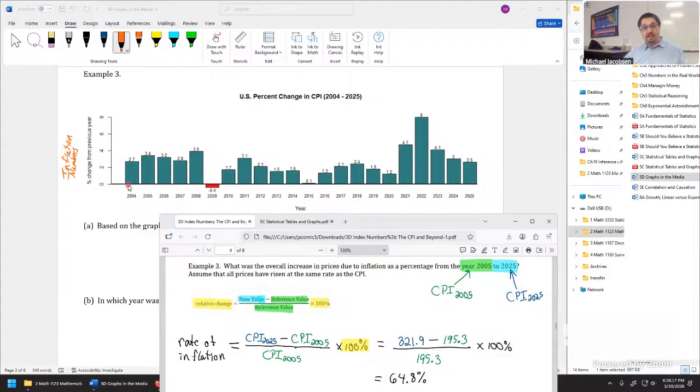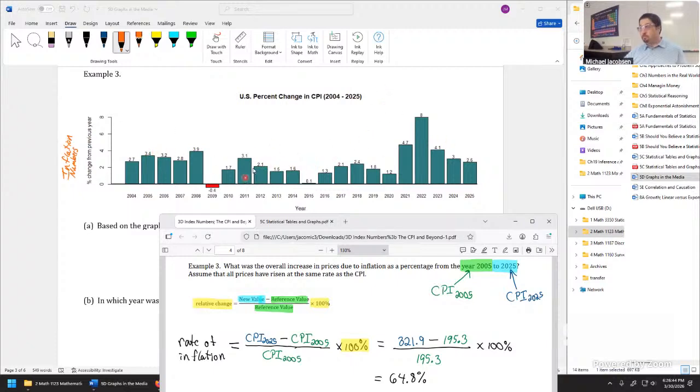The only thing that's different from here is we're going from 2004 to 2005, we would have CPI 2005 here, CPI 2004 here, and here. So this is just from one year to the next, not going across from 2025 to say all the way back in 2005. That one was a 64.8% change in inflation, adding up all these numbers across the top.